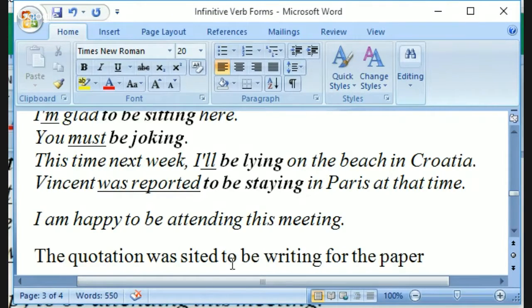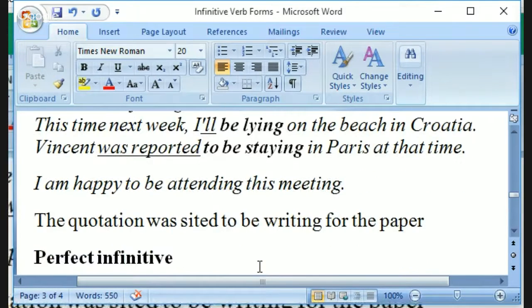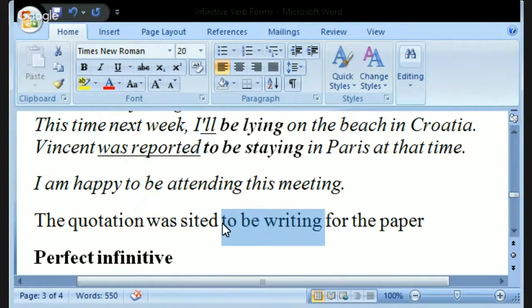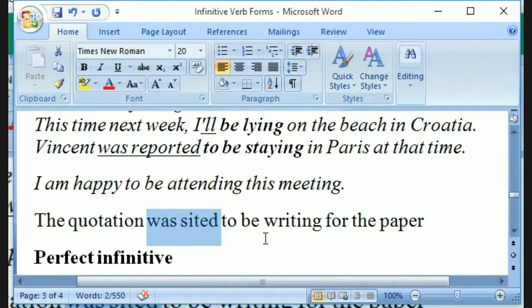What I wanted to say is that sometimes in a paper we need to cite something from a book or document. Yeah, okay. Right. I'm trying to get the idea of the continuous action of writing happening at the same time as was cited, and I'm not getting it here.